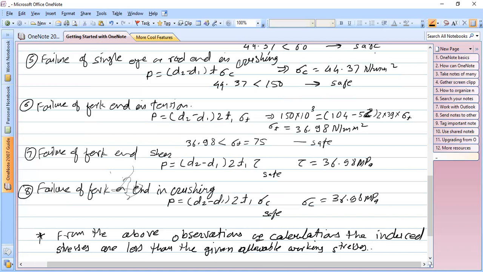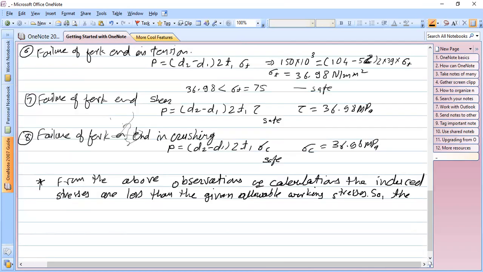So the knuckle joint is safe. Is it? Got it?